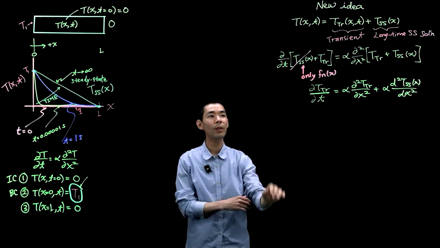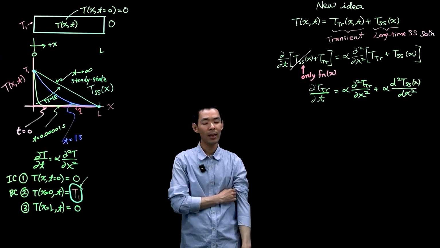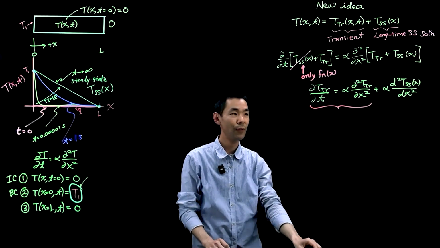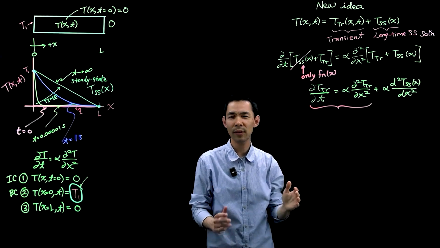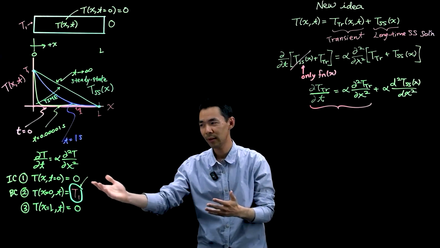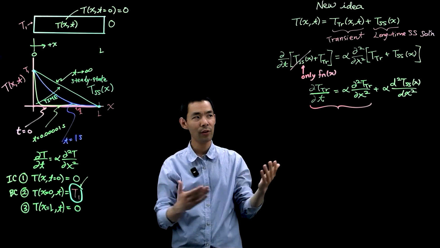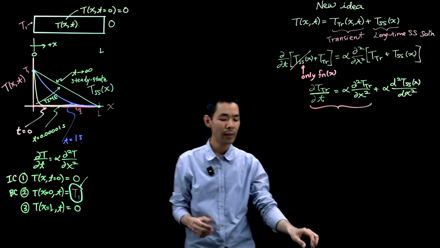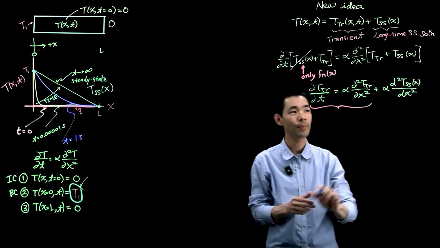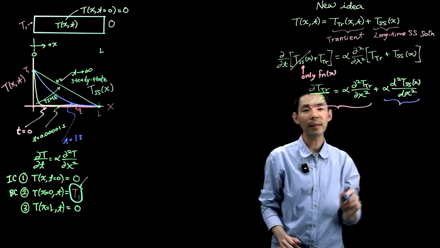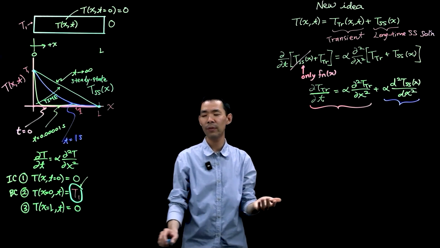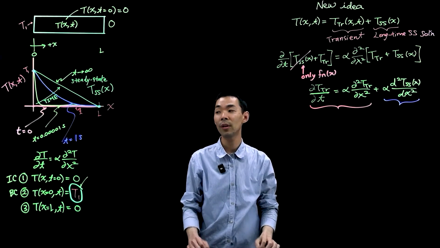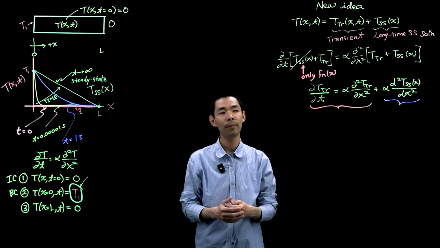So when you look at this, these two terms on the left and the first term on the right, this kind of looks like the problem we've already been solving. And actually the same problem we solved last time, in the last lecture. And this term over here on the right, this is kind of the new term that we've inserted because we've removed the long time steady state solution from the original problem.